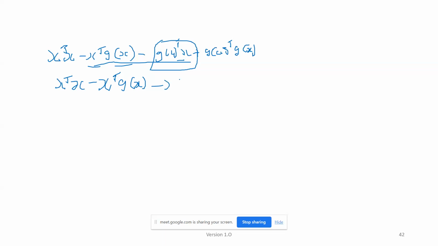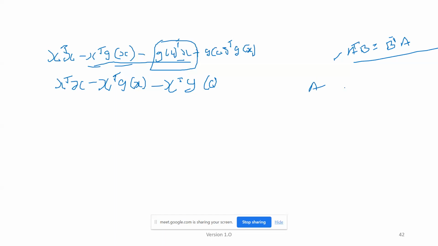So X transpose into G of C, this is like A transpose B equal to B transpose A. Both are equal, because this is one of the distributive laws. So matrix multiplication allows distributive law, associative law, it does not allow the commutative law. Okay, you just remember those laws. So I'm redefining the laws.